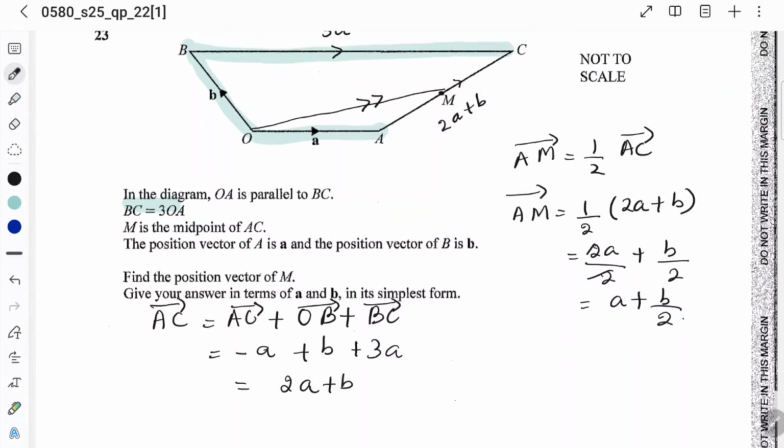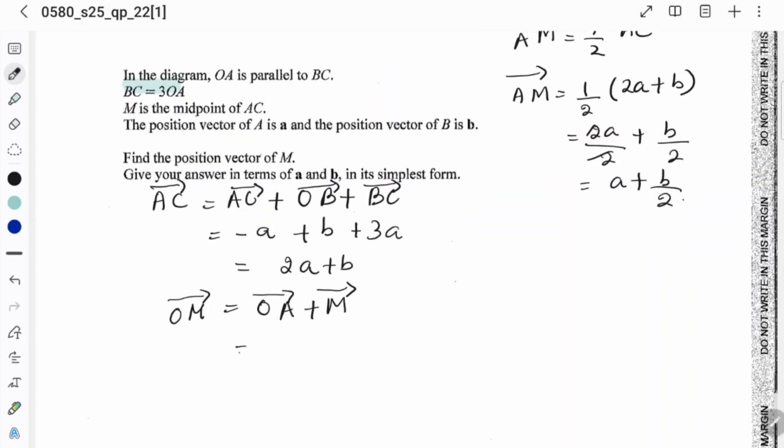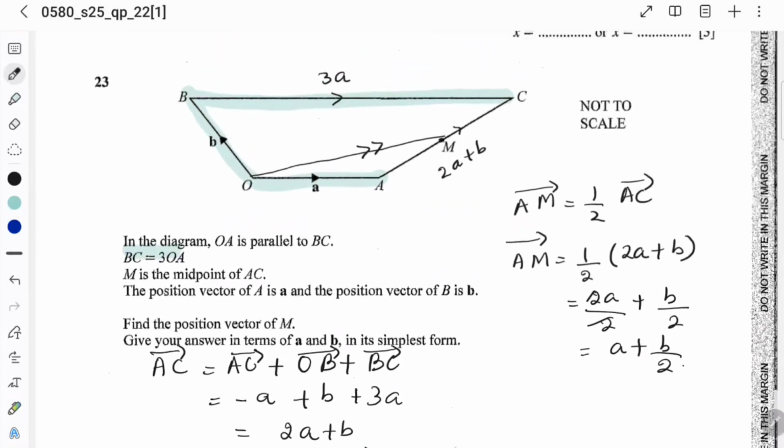And we have to find OM now, because we need the position vector of M. So OM will be equal to OA plus AM. OA is a, and A to M is a plus b over 2, which is 2a plus b upon 2. You can also write it as 2a plus half b. That is the answer, and it was a 3 marks question, an easy question.